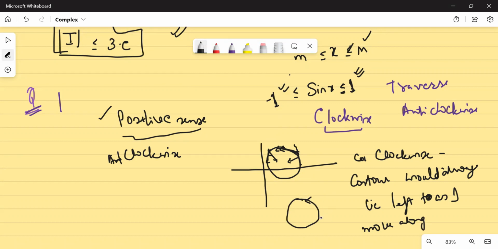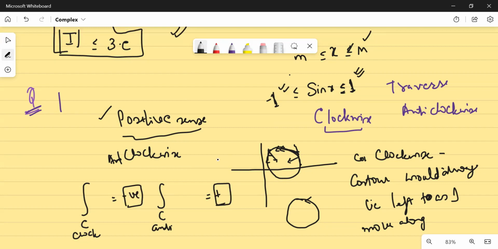So if somebody says integrate over some closed contour C in the anti-clockwise sense, then the answer would be positive. And if the same question comes and someone says I am traversing the closed contour clockwise, then you have to declare the same answer as negative. So these senses are very important.